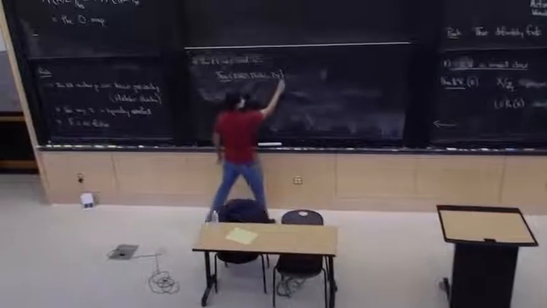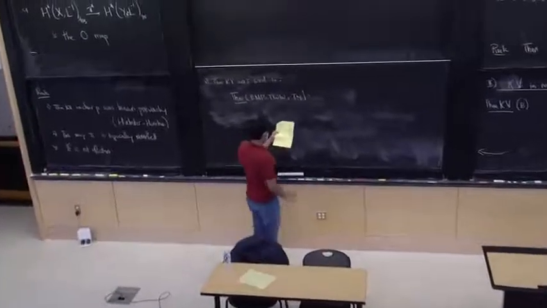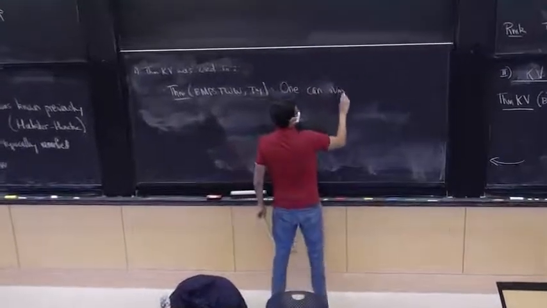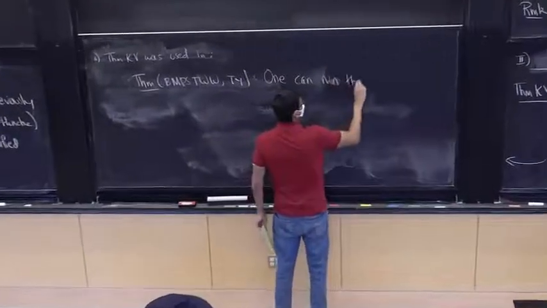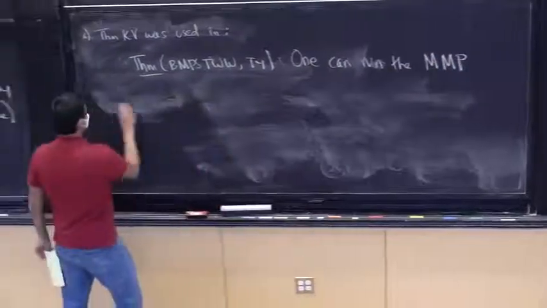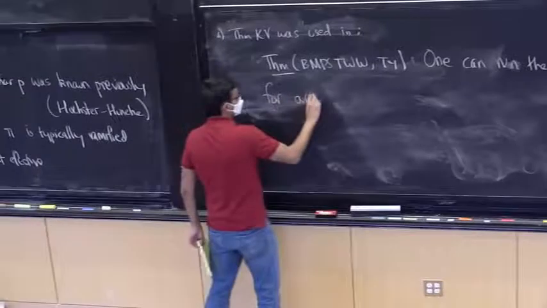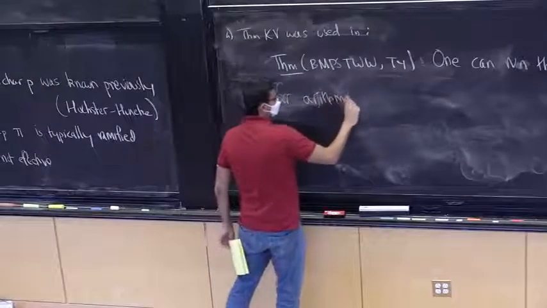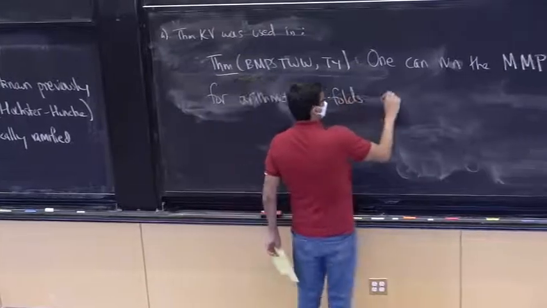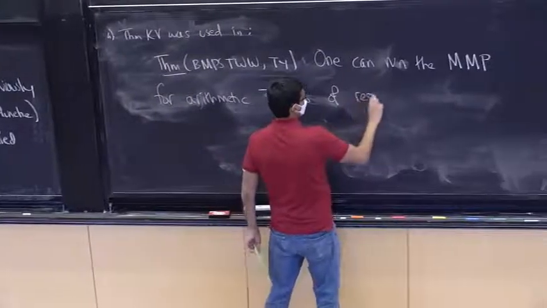Right, so, okay, I'm just going to state this vaguely. So one can run the MMP, the minimal model program, for arithmetic threefolds, meaning threefolds that are not necessarily defined over a field, but the residue characteristic has to be at least 5.